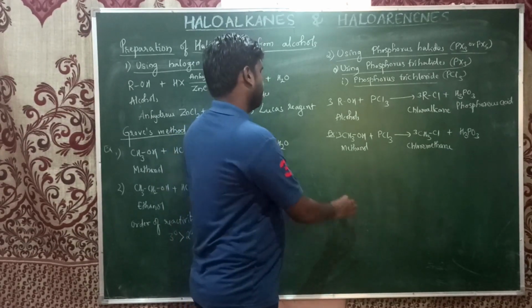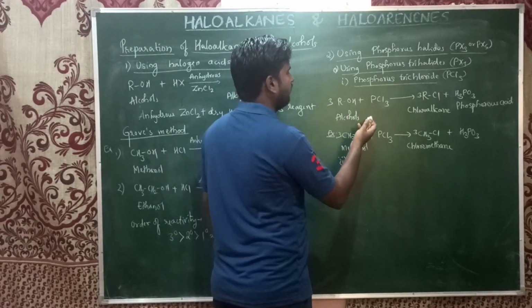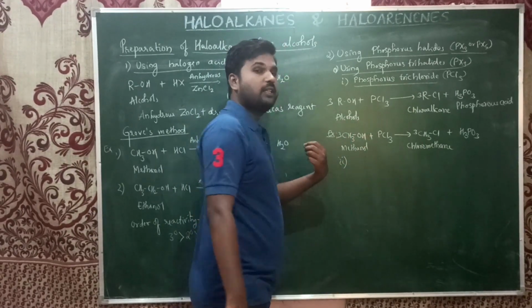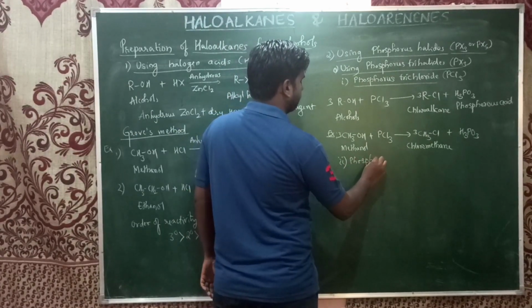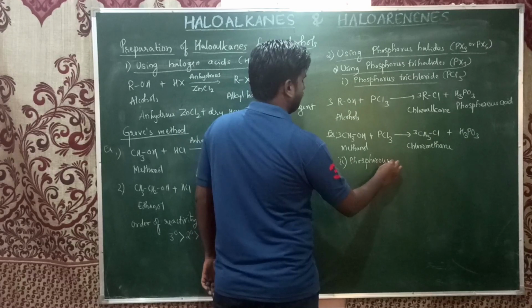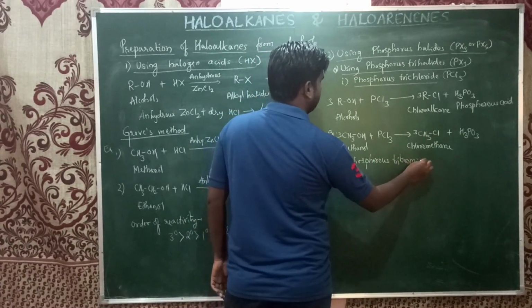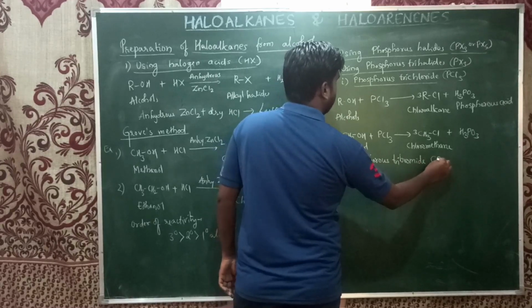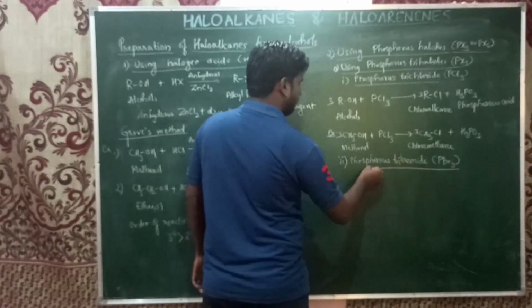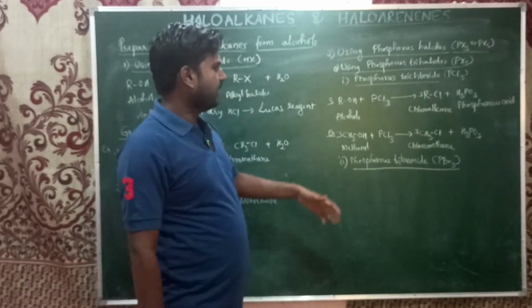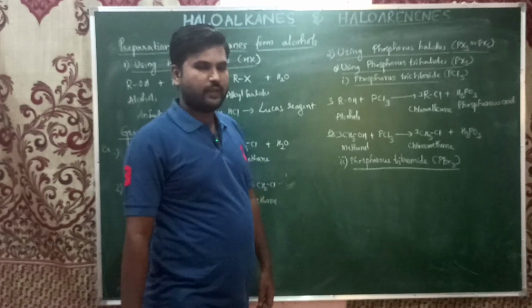The second one, like in the trihalides, we can also have the bromides: phosphorus tribromide, PBr3. The same reaction happens, but phosphorus tribromide is not naturally available.